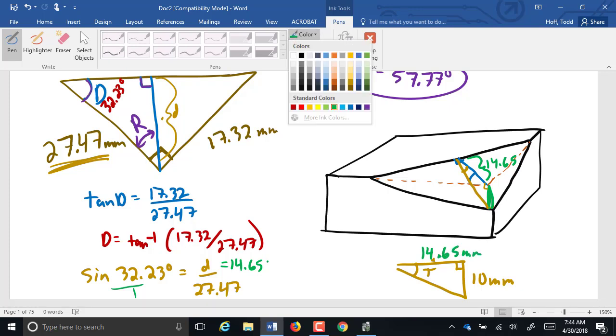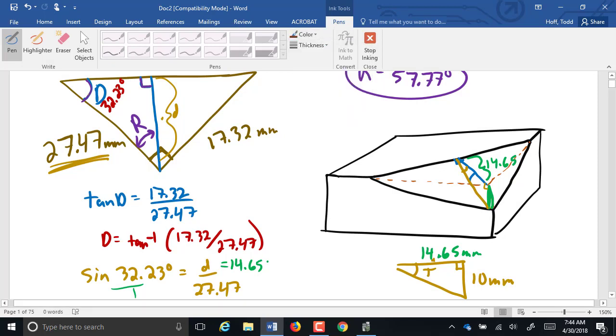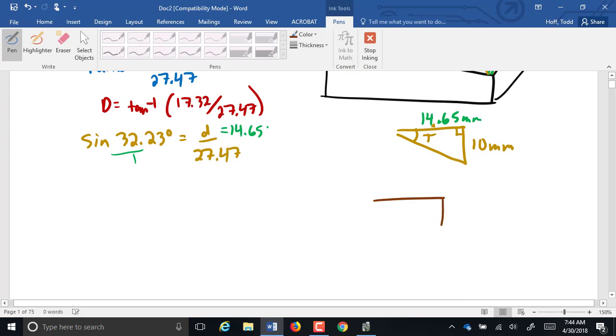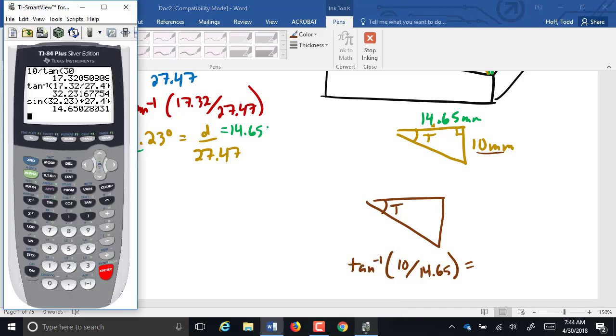So T, my angle of tilt, is going to be the inverse tangent. What's the opposite side? The 10. The adjacent side? 14.65.